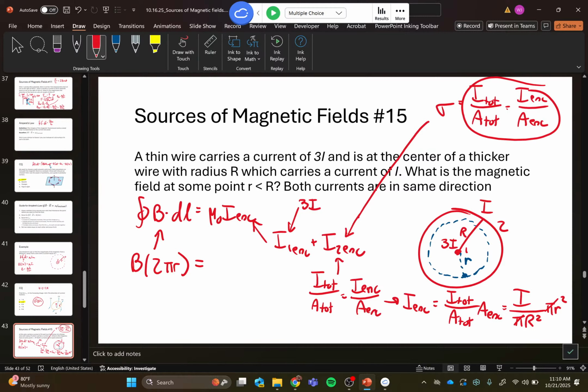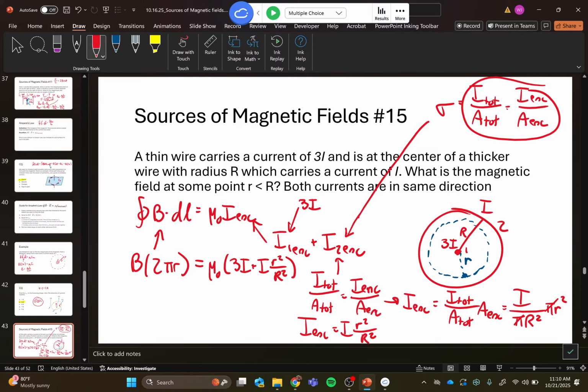So what is the solution to this? I enclosed equals I times little r squared over capital R squared. I's canceled, I is I, little r is on top. Great. Now let's put those in. Mu naught times 3I plus I times r squared over big R squared.